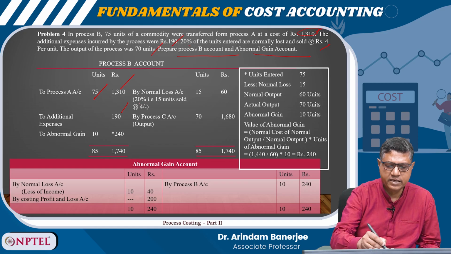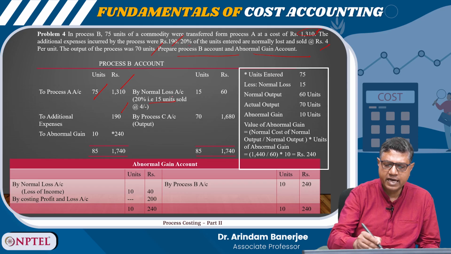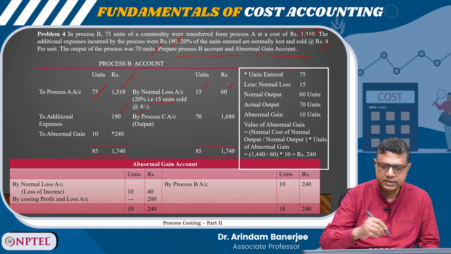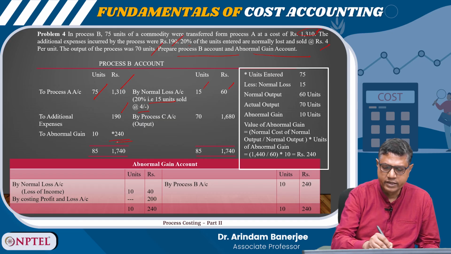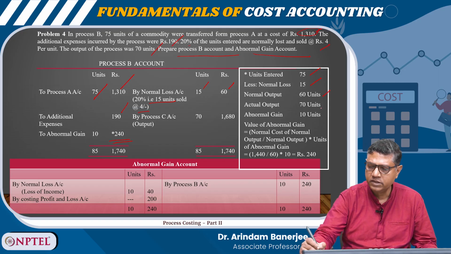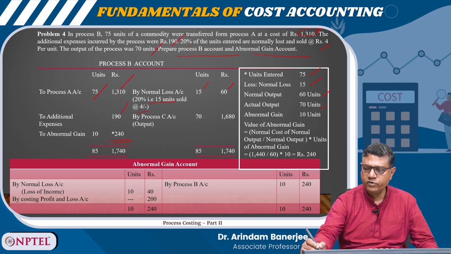So, 20% of 75 is 15 units, which can be sold at rupees 4, so 15 into rupees 4 is 60. Abnormal gain I can calculate: units entered 75, normal loss 15, normal output 60 units, actual output 70. So, your abnormal gain is 10 units.